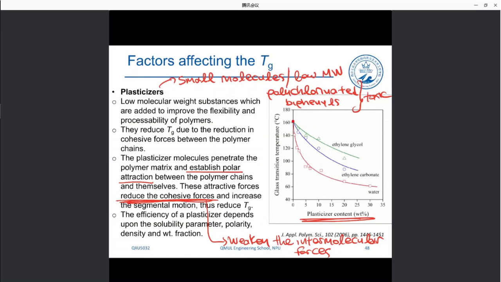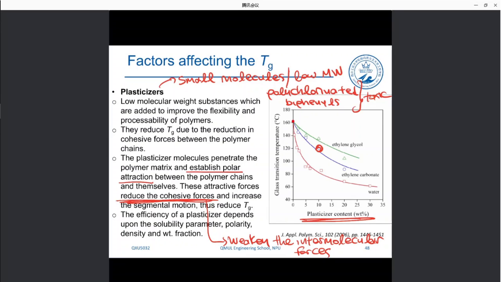If this is a polycarbonate, we introduce different types of plasticizer and different contents, okay? And by adding plasticizer at different contents, you can see that we can tune the glass transition of our material. So if we add ethylene carbonate at 10 weight%, we lower the glass transition by 40 Celsius degrees, okay?